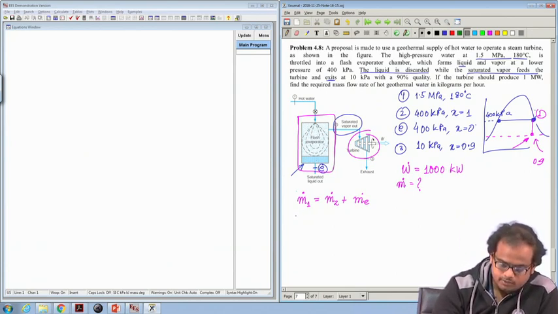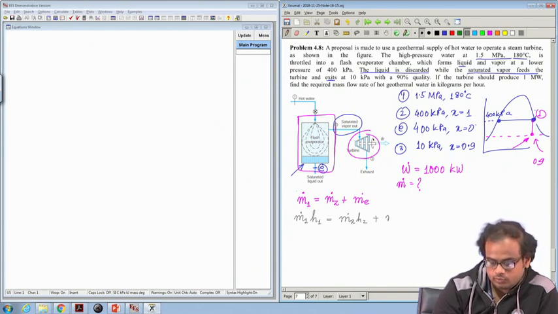And m dot 1 H1 is equal to m dot 2 H2 plus m dot E He.